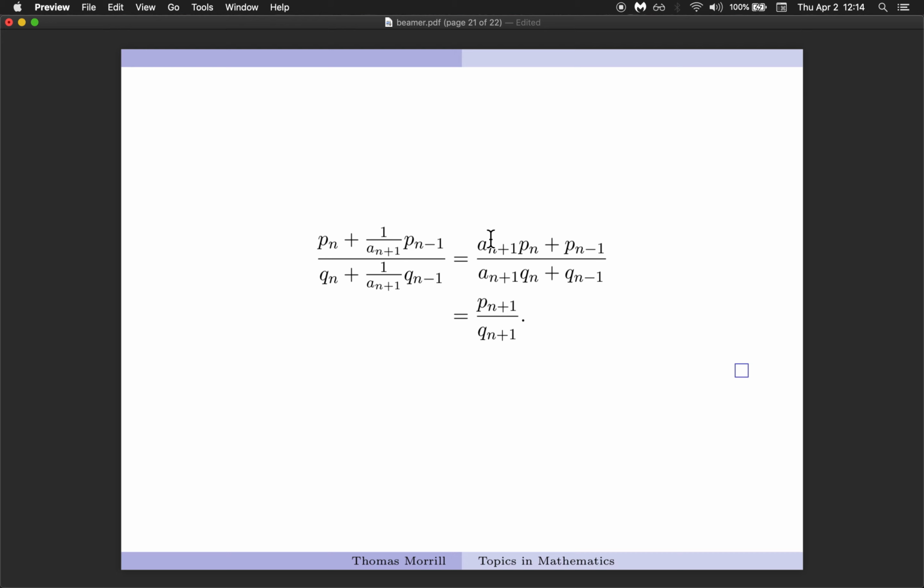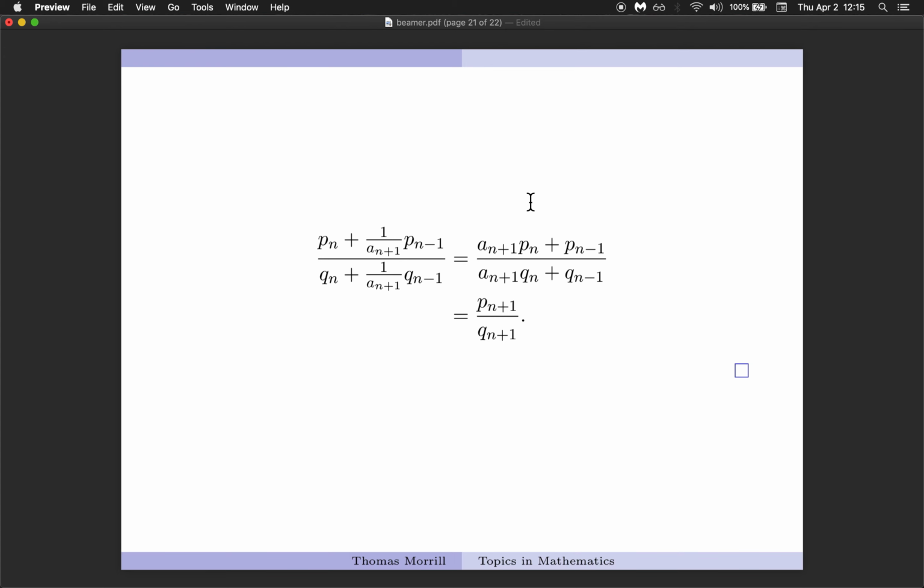So here I'll get an plus 1 times pn, and then that will cancel the fraction 1 on an plus 1, and I'll get my pn minus 1. And similarly on the denominator, I will get an plus 1 times qn plus qn minus 1.